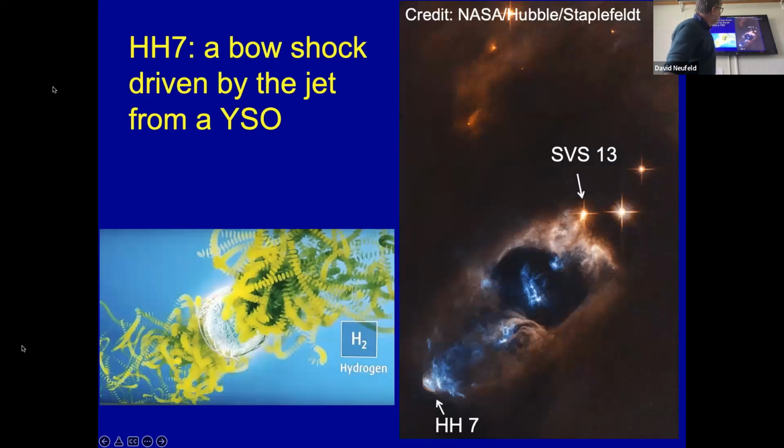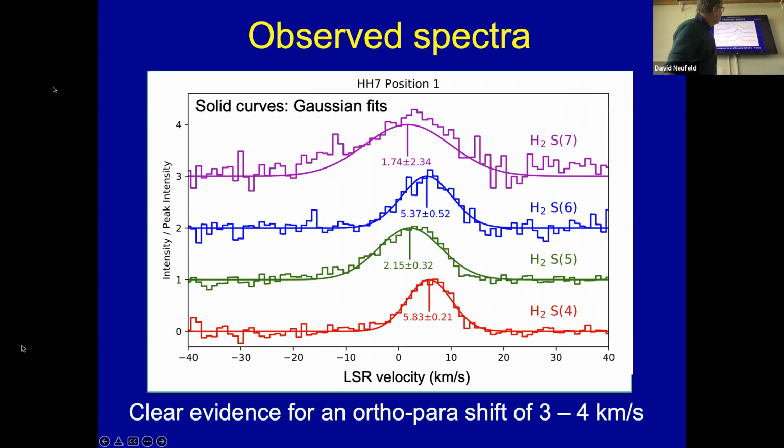And now I'm going to show you what we saw. And it's exactly what this model predicted. You can see the blue and red peaks are to the right of the magenta and green peaks.